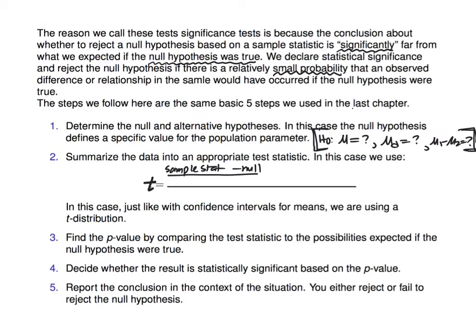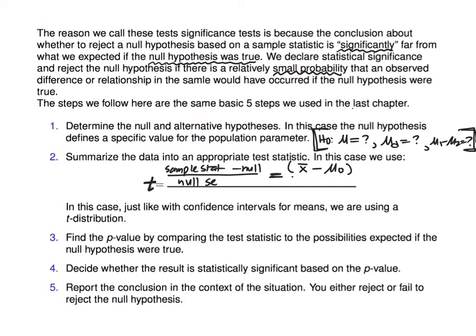And in this case, you can't do, well, this standard error is a little bit different. So null standard error. If we're looking at a population parameter that's a mean, the sample statistic for that is x bar minus your null value, which we'll just say is mu naught.